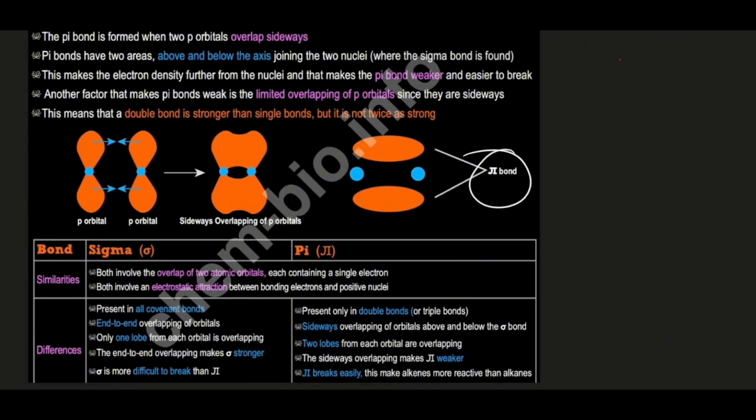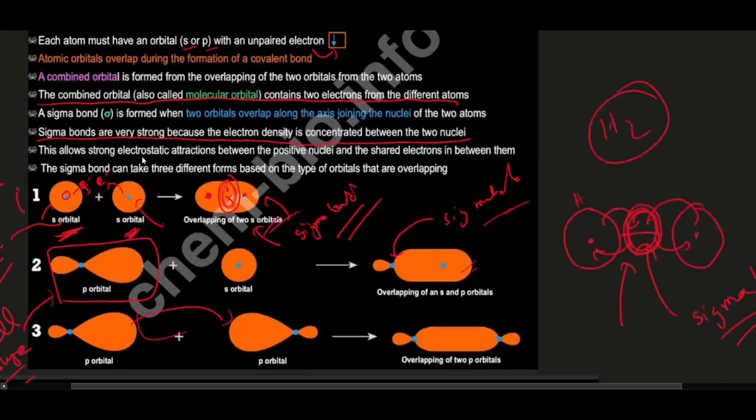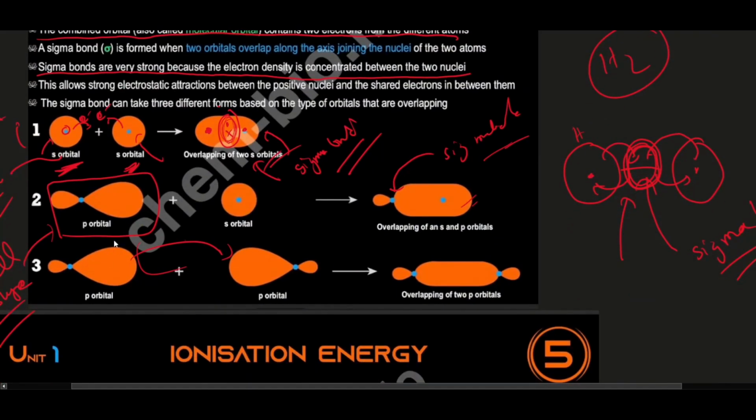But how is a pi bond produced? This is very important. Pi bonds have two areas, above and below the axis joining the two nuclei, and are only produced by p orbital overlapping. But do you see the orientation in which the p orbitals overlap? In the case of sigma bonds, they overlap horizontally, isn't it?